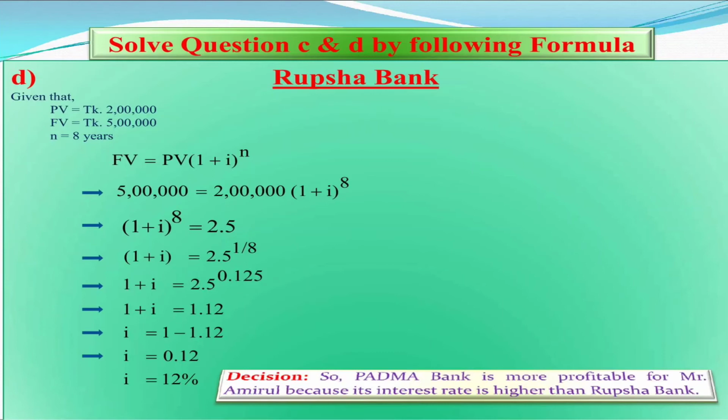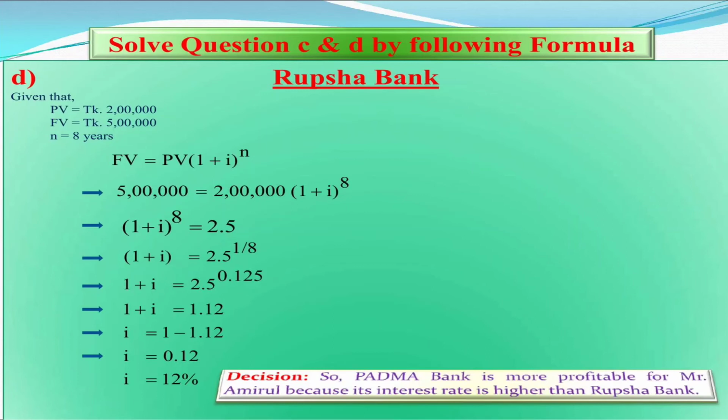If we raise 2.5 to the power 0.125, we get 1.12. Then I equals 1.12 minus 1, and lastly you see the value of I equals 12%.